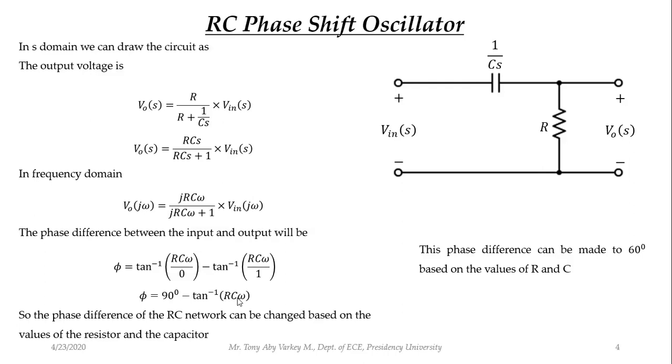If I want 180 degrees, I will use three RC networks, and so on. Based on whatever phase shift you want, you can use multiple sections and decide what phase shift is to be provided by a single RC network.